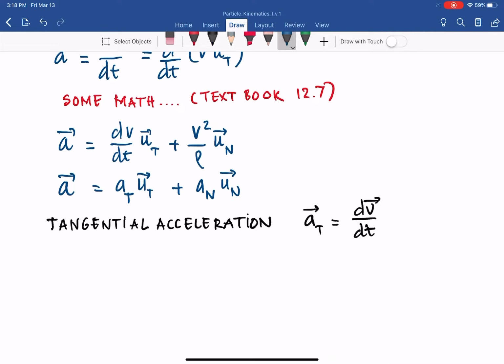The other component, which we normally forget, is the normal acceleration.